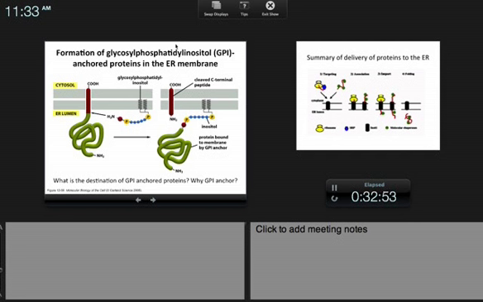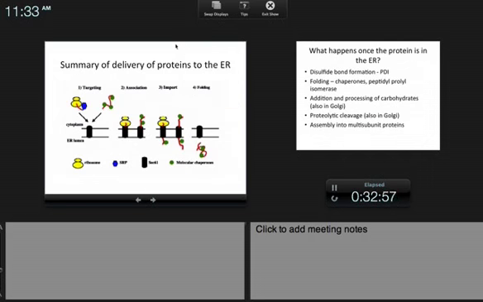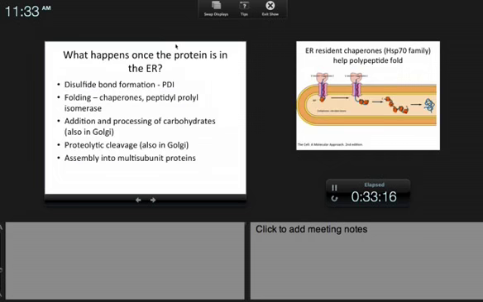Okay, so here's a summary of the delivery of proteins to the ER. Targeting, so that would be signal sequence, SRP association, so that's binding to your translocator, import, obviously, and then you're going to have folding. So now we're in the ER. What happens once proteins are in the ER? These are some main things that happen.